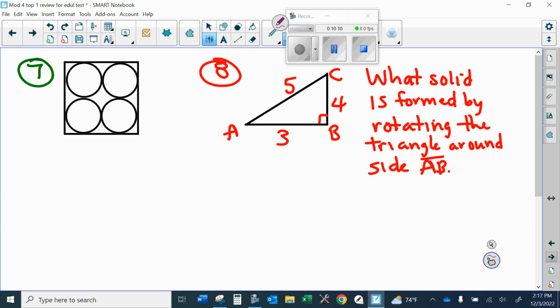Okay, for 7, they want the area of the shaded region. Shaded region is that outside of the circles right there, between that and the outside of the square, or the rest of the square.